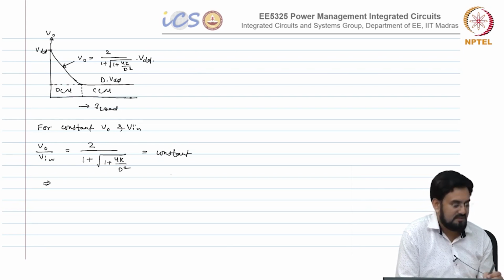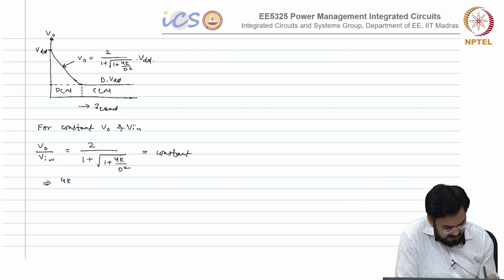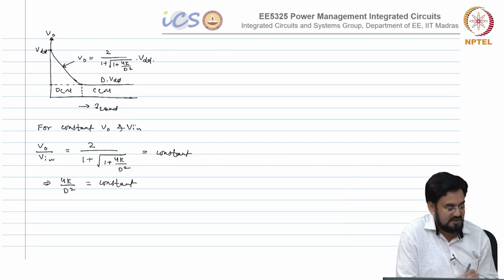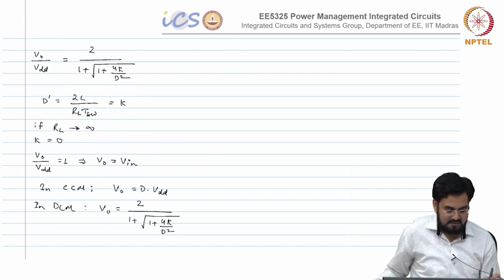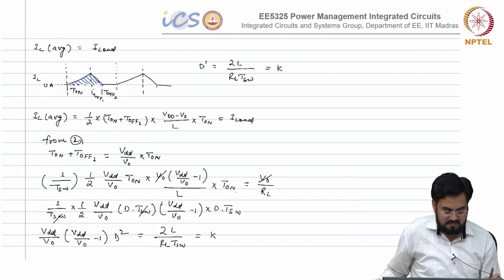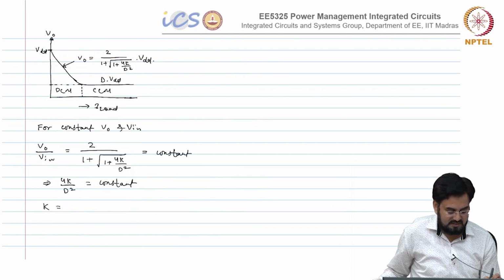K and D only, so 4k over d square should be constant. And what was the K? K was 2L over RL TSW.